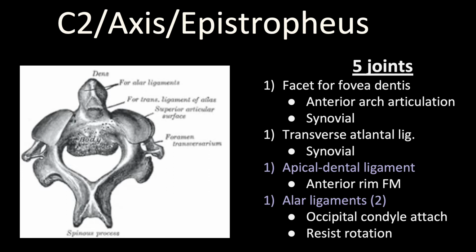Remember those were like angel's wings, again air quotes, sorry guys. And they're very strong, slightly inferior and lateral to the articulation of the apical dental ligament. I know sometimes it feels a little confusing still to count ligaments as joints, but they do count as joints. So that's the 5 joints of the axis.